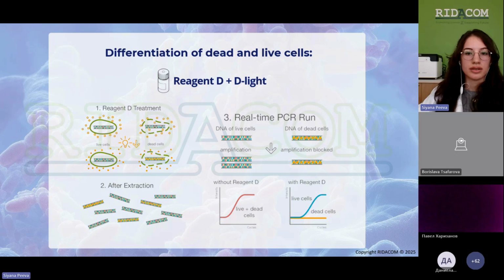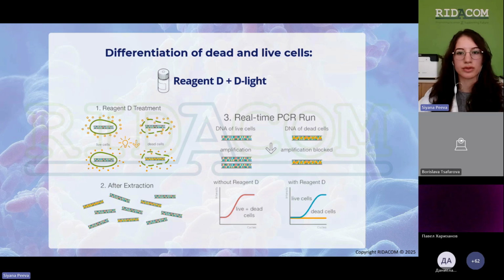When they are dead, we detect and amplify them and quantify and have the result for the dead cells. Well, the dead cells cannot cause the infection, and detection of their DNA can lead to false positive results.